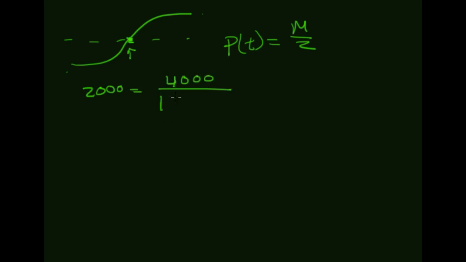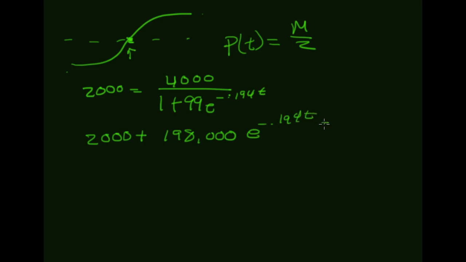And we know that this is 1 plus 99 e to the negative 0.194t, right? So we back that around. 2,000 plus 198,000 times e to the negative 0.194t is equal to 4,000, right?